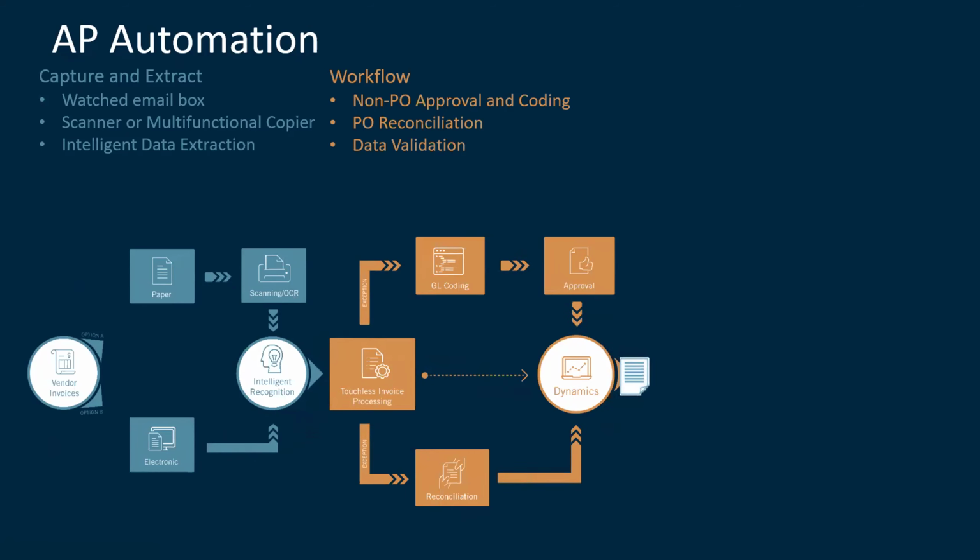So after it goes through the intelligent recognition, and we've been able to extract all the data and fill out the various forms, then we either realize that it's matching a PO that's in the system, and it goes through GL coding for approval, or we need to reconcile.